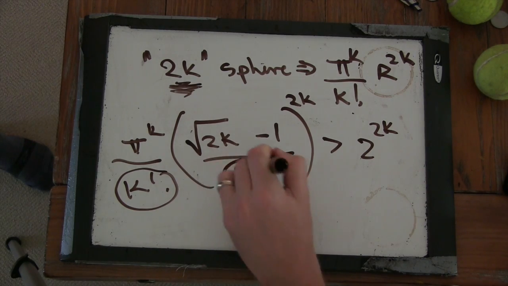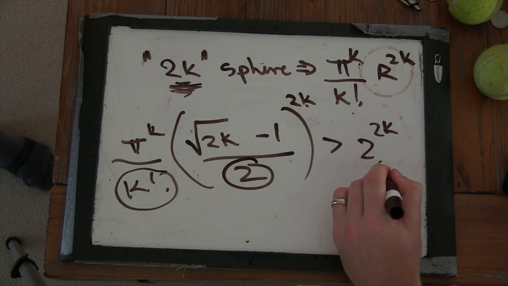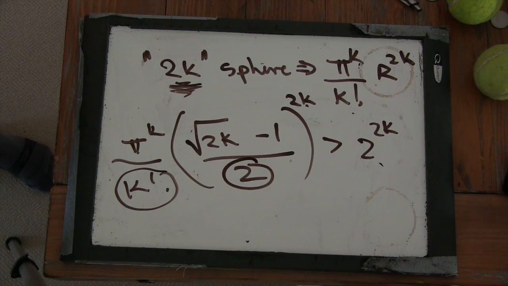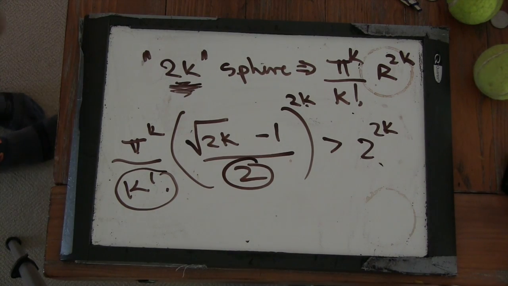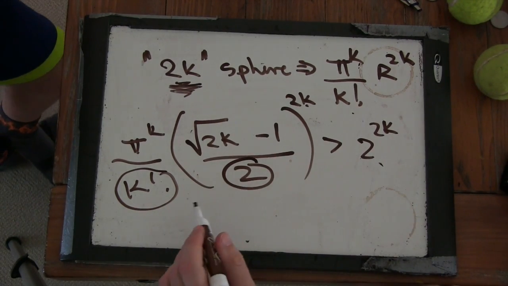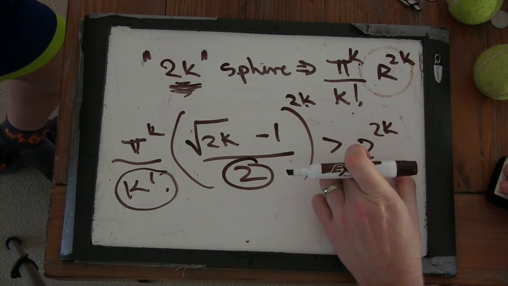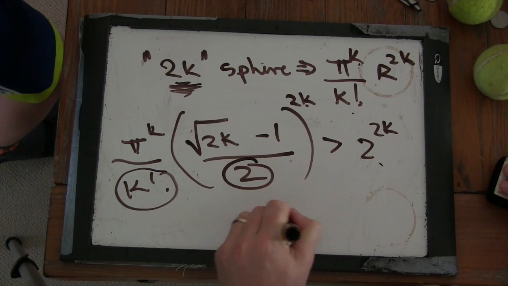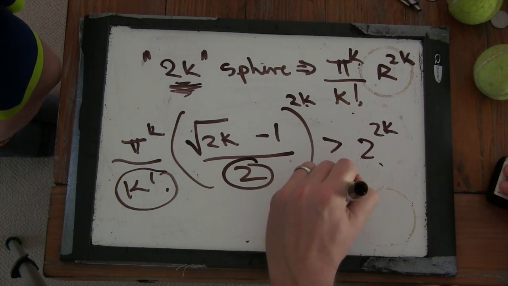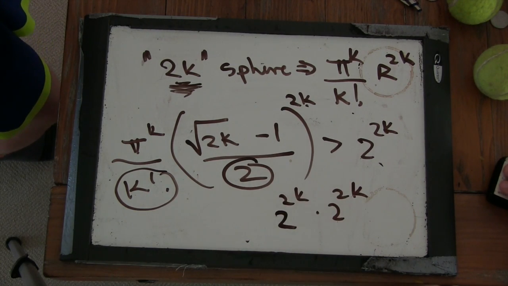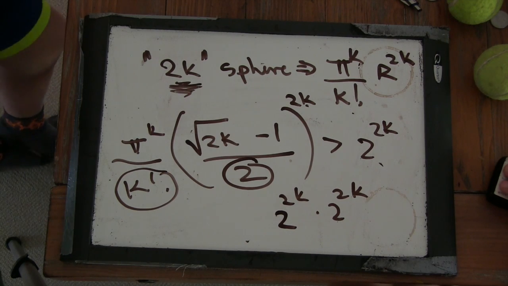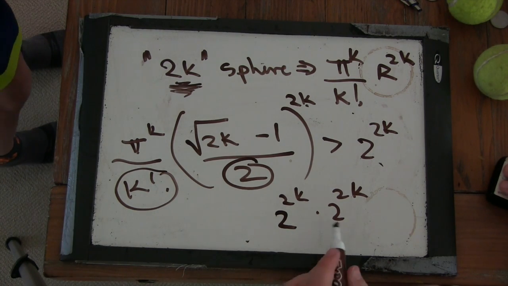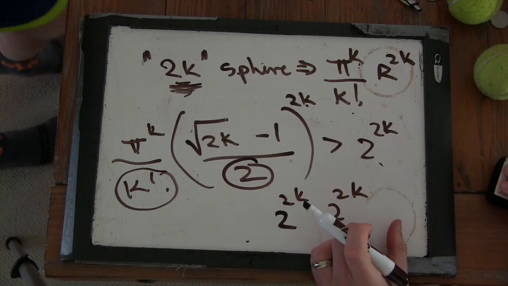On the bottom, I have a 2 to the 2k power, and I have a 2 to the 2k over here, and I can divide. If I want to divide everything by 2 to the 2k, I already have a 2 to the 2k over here, so they multiply. So I get 2 to the 2k times 2 to the 2k, which is 2 to the 4k, or 4 to the 2k.